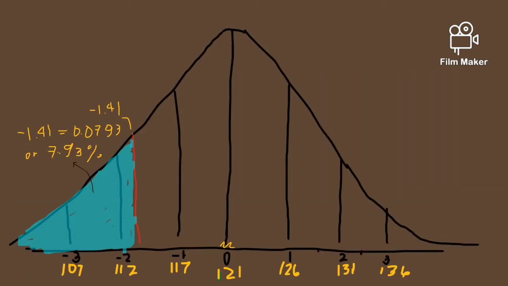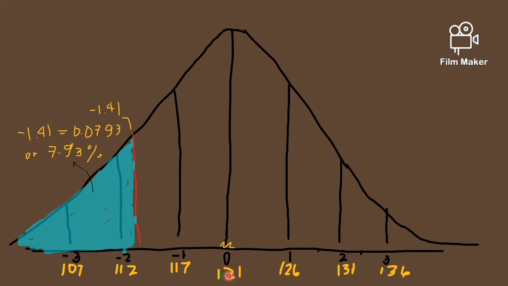So, ito, i-drawing na natin siya. Magdo-drawing tayo ng x and y axis. So, ito yung normal curve or standard deviation. So, again, alam natin 0, 1, 2, 3, and then negative 1, negative 2, negative 3. So, meron tayong tinatawag na average mean, which is 121. Ang standard deviation natin ay 5.